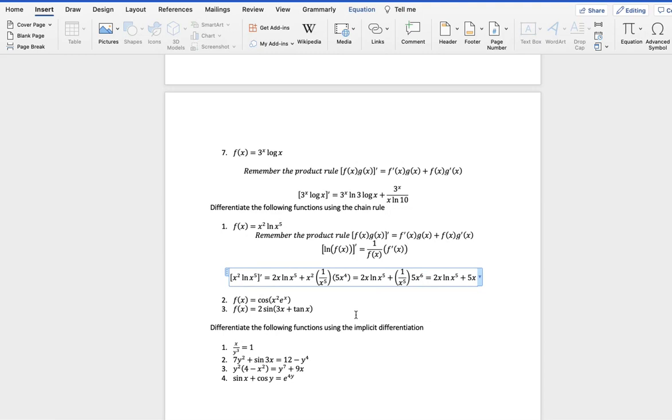Yes, thank you. Everyone just forgot this exponent. Does everyone understand that? Yes. If you define the chain rule, it's going to be the derivative of the outside function times the derivative of the inside function.